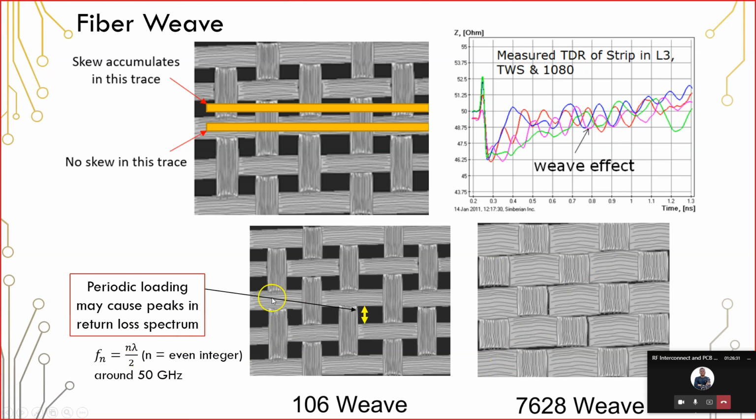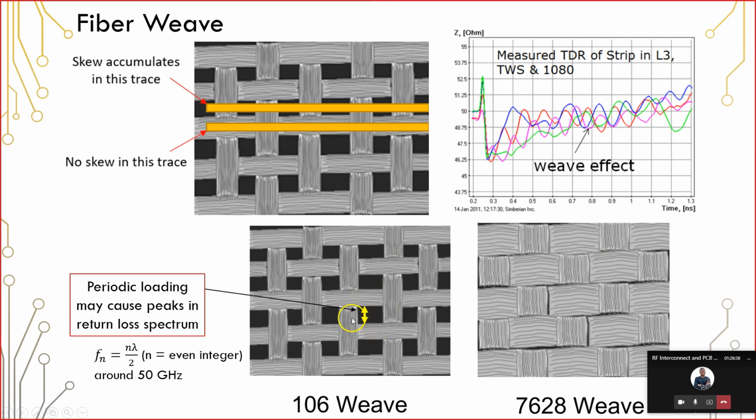Now, another thing that can happen is at very high frequencies in these very loose weave materials, there can be something called periodic loading, which causes big peaks in the return loss spectrum. In other words, the return loss spectrum is showing a lot of reflection. There can be a lot of reflection at certain points along this trace because you are exciting resonances in this structure.